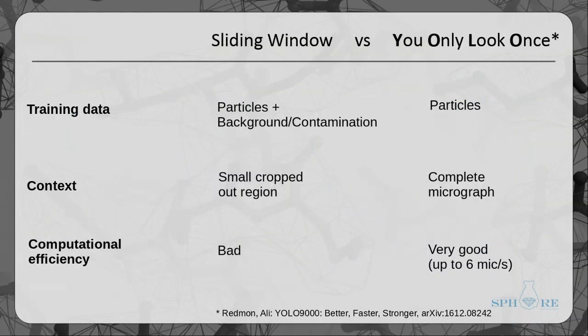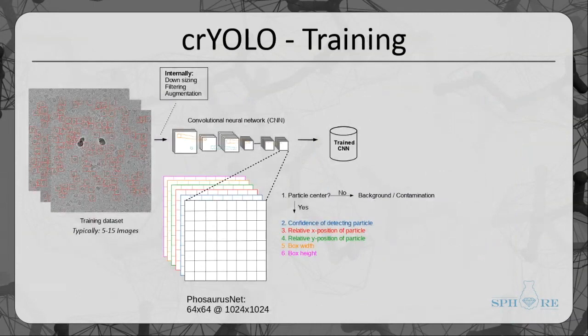For the context, in the sliding window approach, you always have only the small cropped out region around the particle. In the YOLO approach, it always sees the complete micrograph. Regarding computational efficiency, as the sliding window is overlapping, in principle, it's pretty fast with up to 6 micrographs per second. So how is it done in crYOLO?